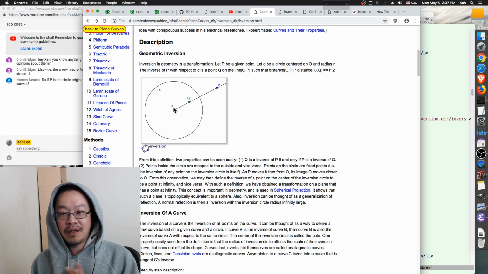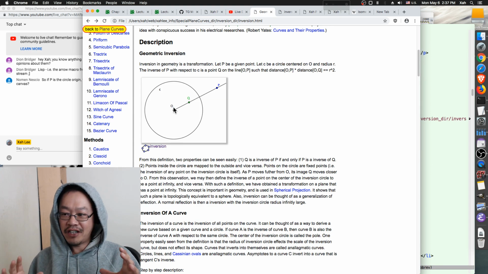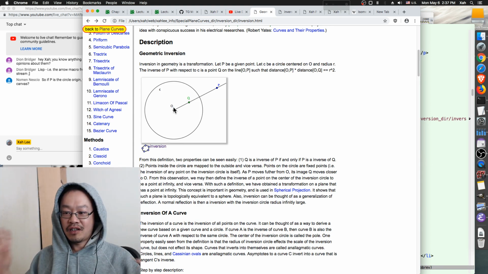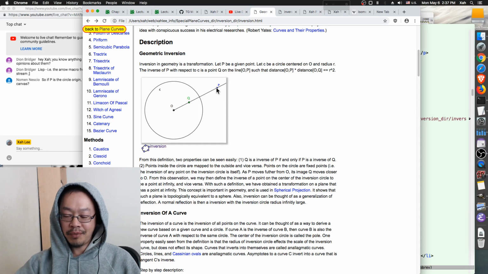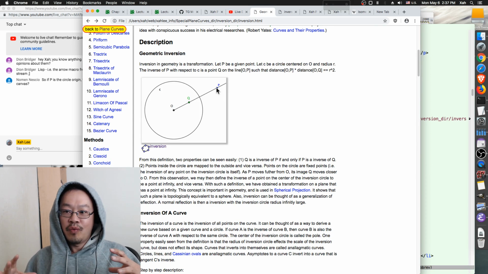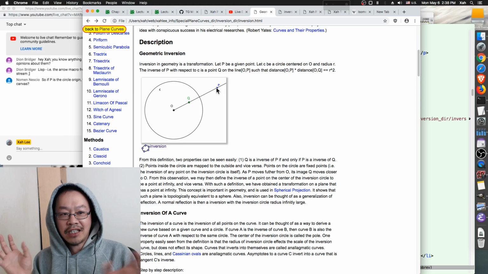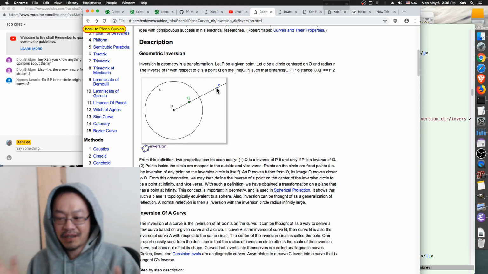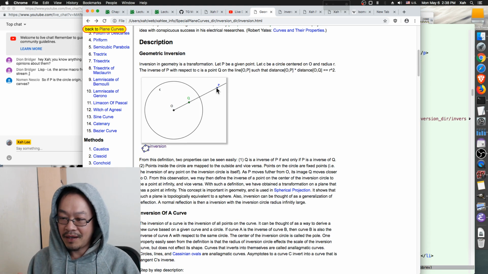Another approach is to imagine there's a point at infinity. If the input point P is the same as the center of the circle, we say that the result is a magic point at infinity. We don't know what it means, but that's how we can approach it.